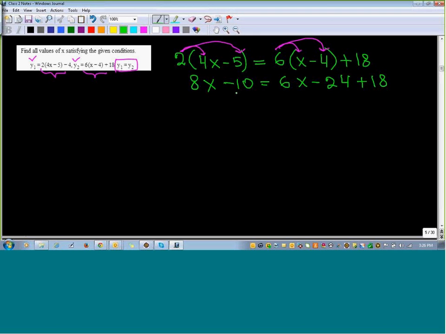Let's combine like terms. Negative 10 and negative 4 are like terms in this case. Minus 14, right? Those were like terms. This guy and also this guy are like terms as well.